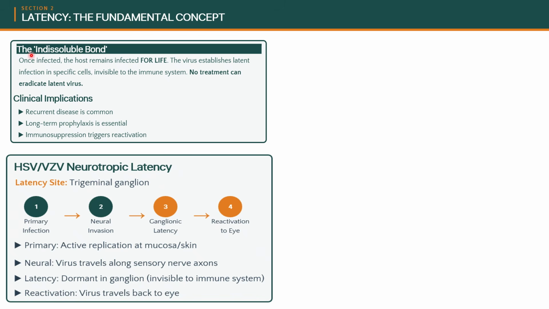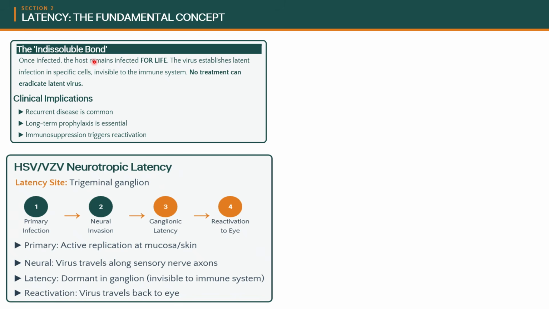This is very important to understand why, when we treat patients with viral uveitis, we have to treat both the acute symptoms as well as the proliferation of the virus. So we have to cover with steroid and antiviral. And even after the acute stage has subsided, we have to continue for a long time to avoid recurrence of the virus.